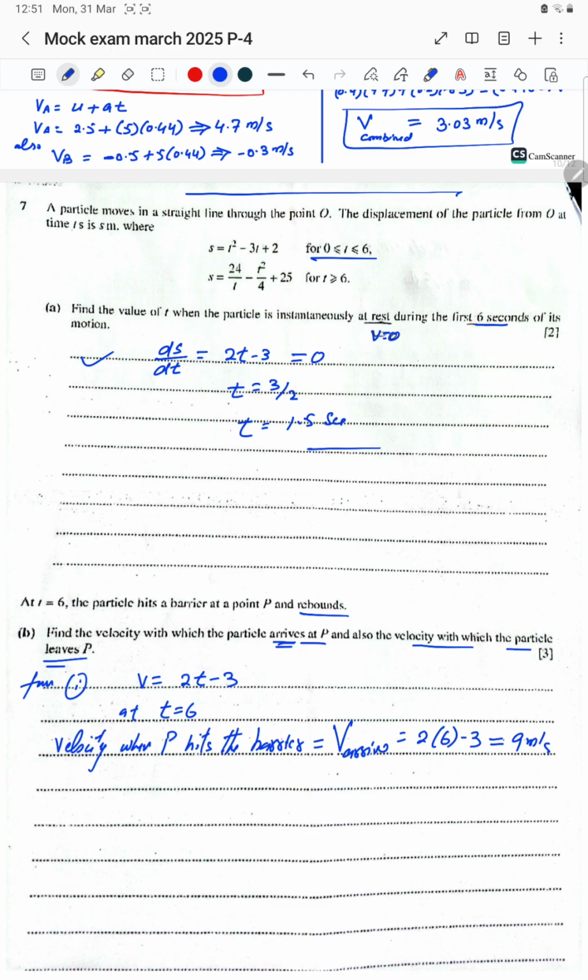Now the velocity when P leaves or rebounds from the barrier. V leaves, we have to find this.